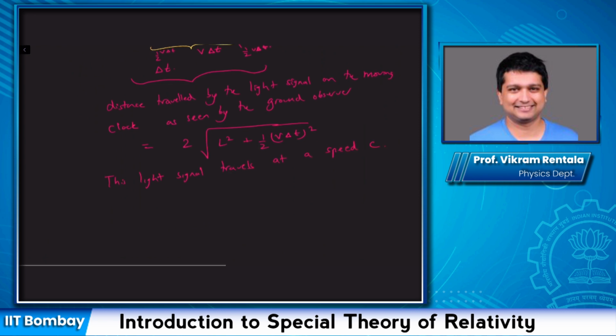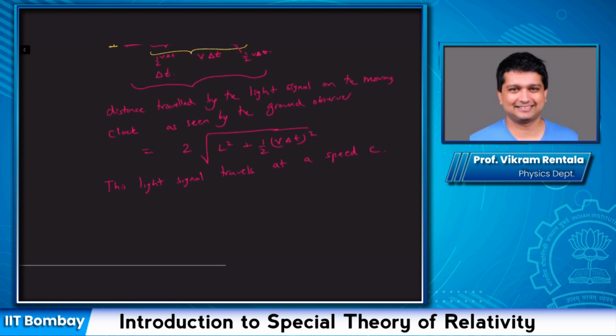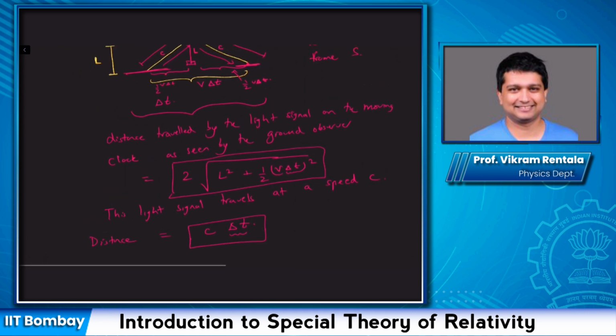So another way to express this distance that the light beam travels is c times delta t. That is, this expression for the distance should be exactly the same as this expression for the distance. So equating these two, we can figure out how much time delta t would have appeared to pass for the ground observer.